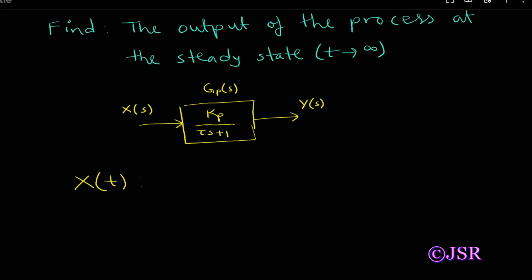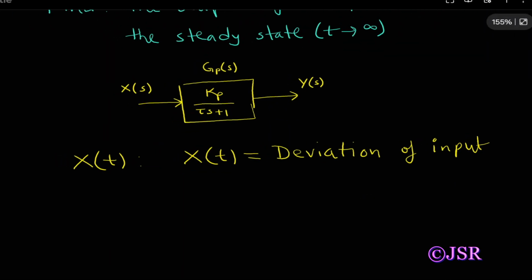So here let's say the input in time domain is given as capital X of t, where capital X of t is the deviation variable of the input.